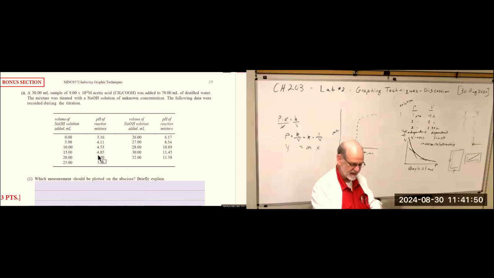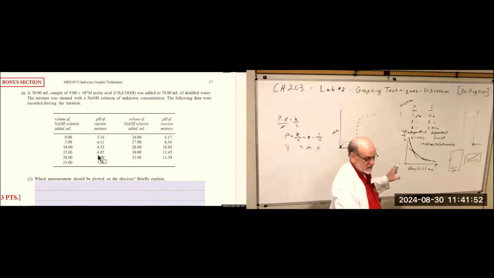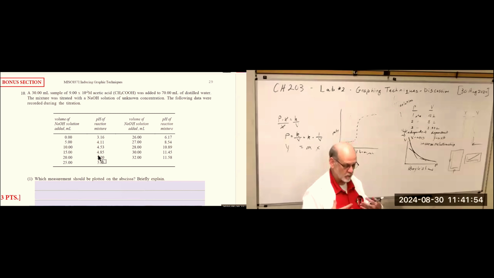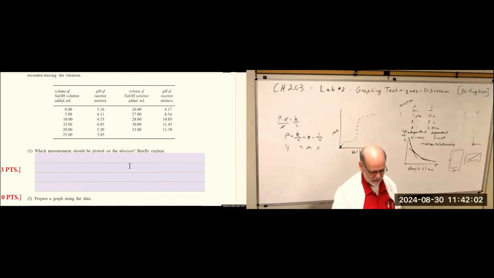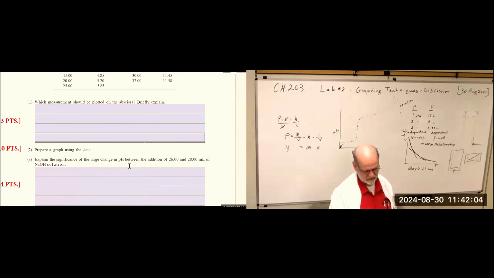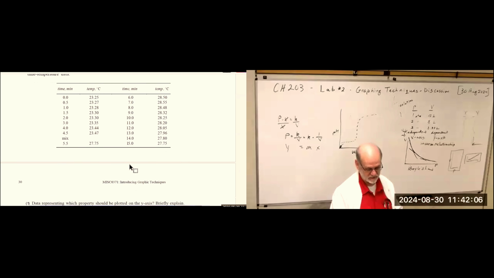So if you plot that data, you're going to get something that looks like that, but you still plot it the same way. I mean, you still set up the graph the same way with those 5 conditions, and then answer these questions. And that's extra credit. That's a bonus section.